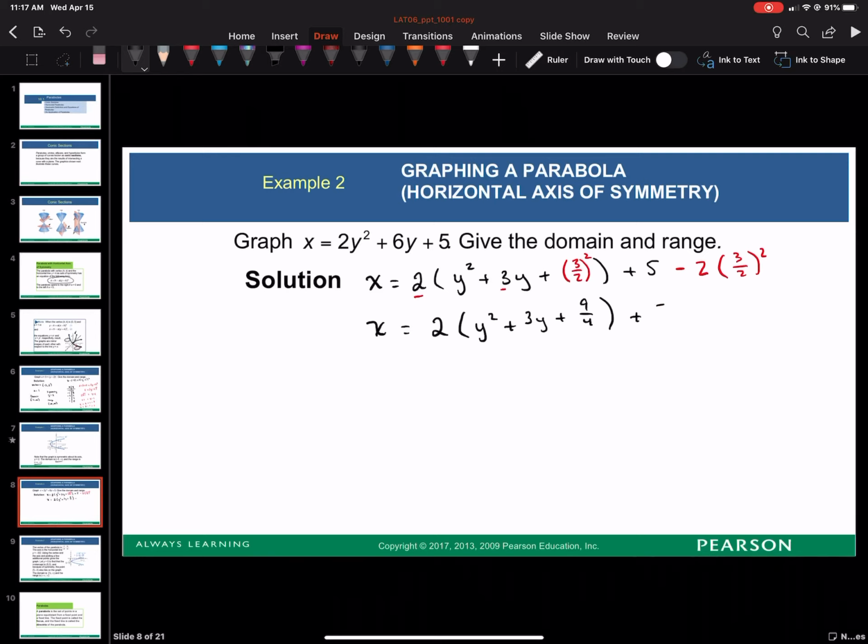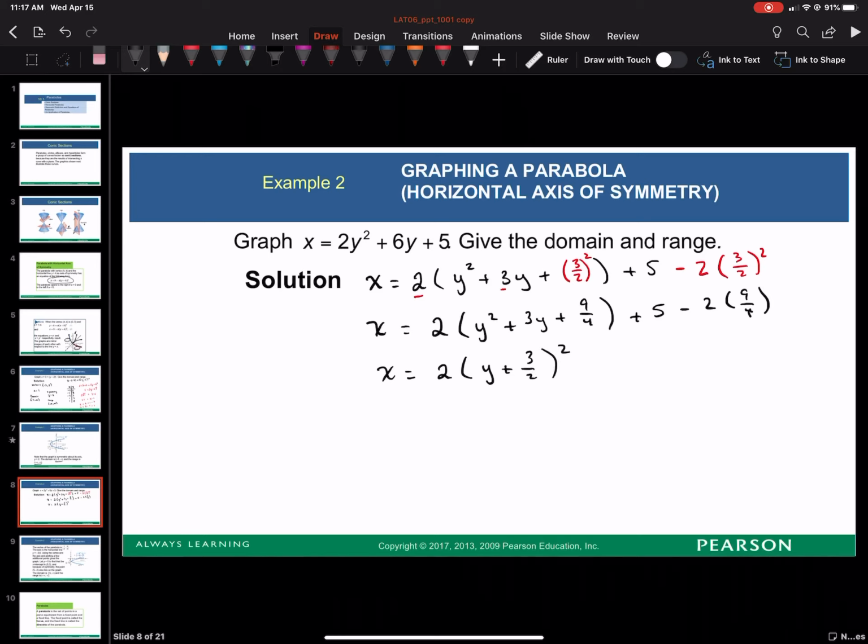And then this is going to be plus 5 minus 2 times 9 over 4. Now, I'm just going through this. I could have easily just written it, which is x is equal to 2 times y plus 3 over 2 squared.